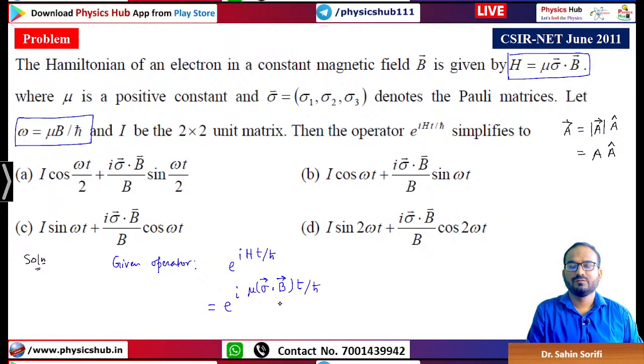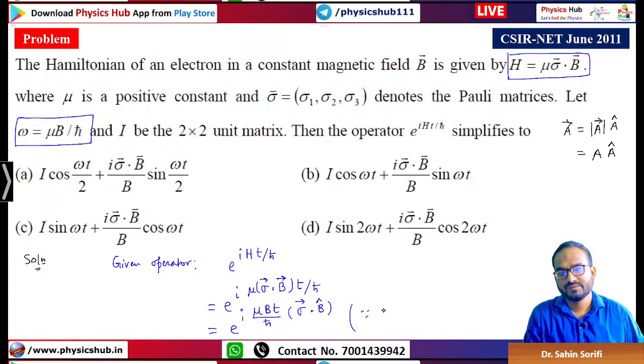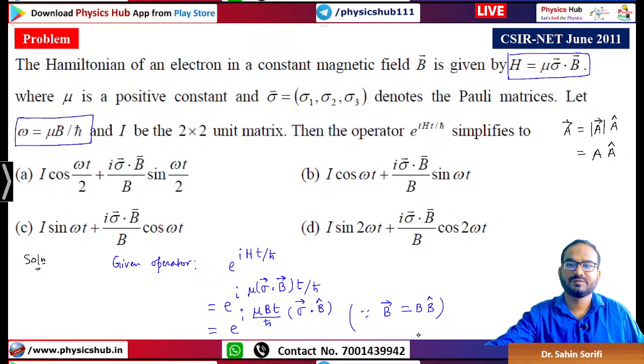Vector B, we are writing B times B cap. So this will become e to the power i mu B t by h cut. We have just taken the magnitude of vector B. So what remains? Sigma dot B cap, right? Because vector B is B times B cap. I hope this is clear to you.